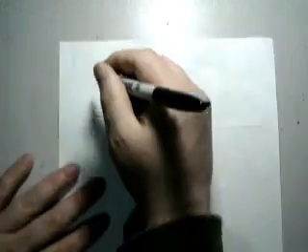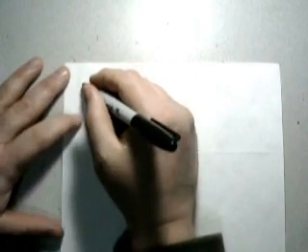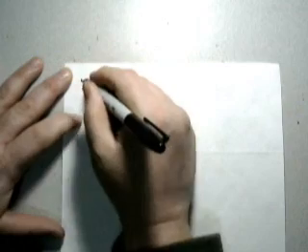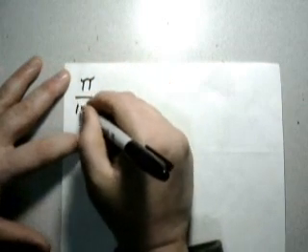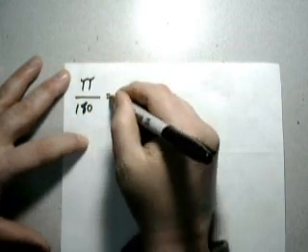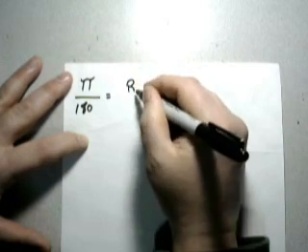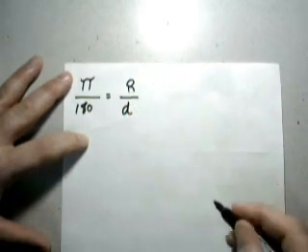Now, number 9. We're converting from radians to degrees and then from degrees to radians. So, remember it's pi over 180 is equal to the radians over the degrees.